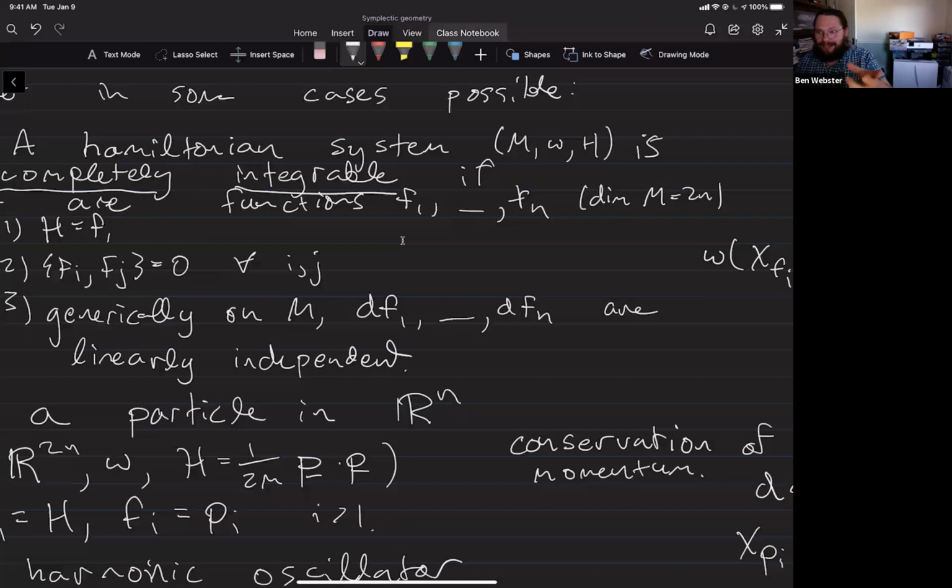So this is a theorem you could apply in the situation Henry mentioned, where you think about x1 and all the other coordinate functions except y1 as integrals of motion, and then you have to take into account that they have non-trivial Poisson brackets with each other.